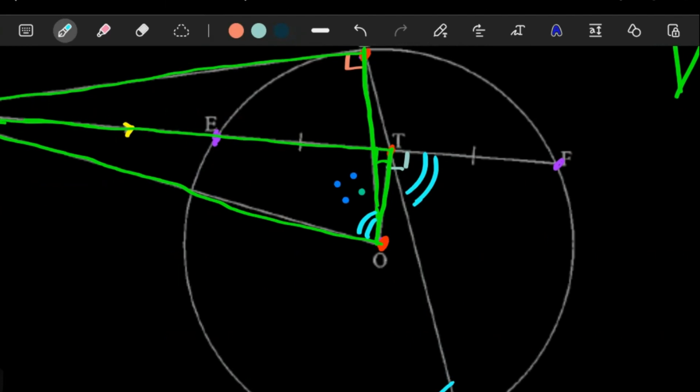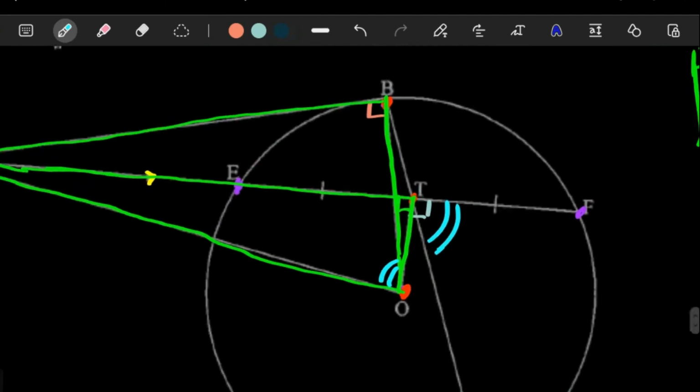But since it's a cyclic quadrilateral, let's try and see if we can find something to help us. With cyclic quadrilaterals, we know that an exterior angle is equal to the opposite interior angle.